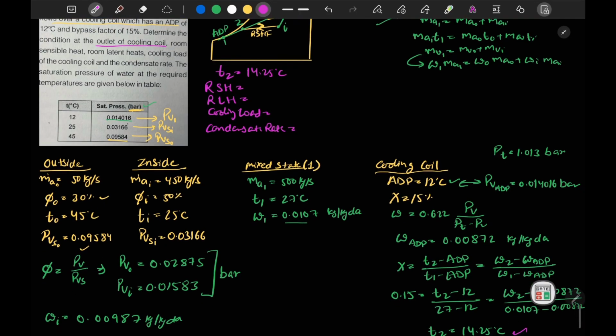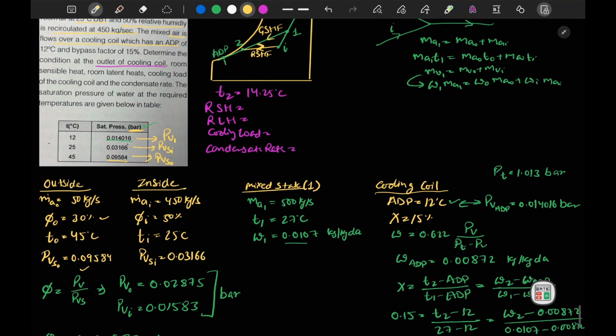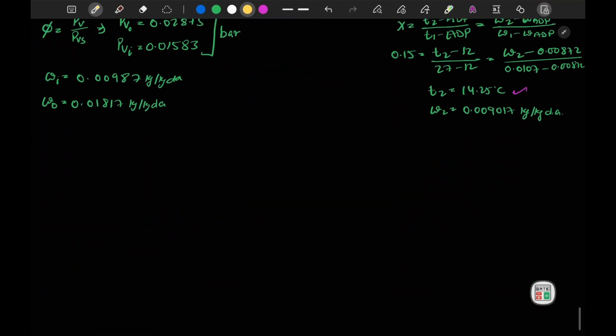Now if I talk about room sensible heat, RSH, we know that room sensible heat is given by m dot Cp delta T. And m dot can be written as rho into volume.